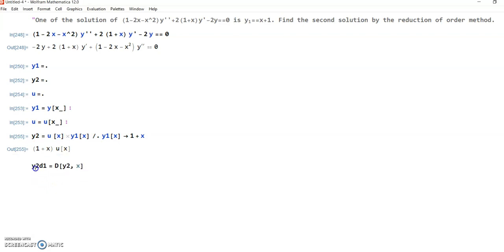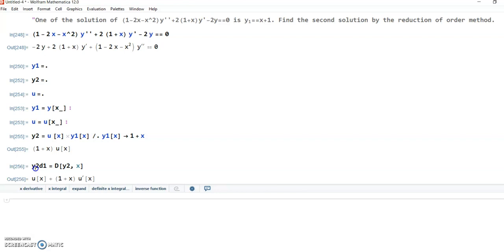Its derivative we can find by this d function. So it will be this. And let's take the second derivative of y2 as y2 d2. We can take the second derivative of y2 by taking the first derivative of y2 d1.